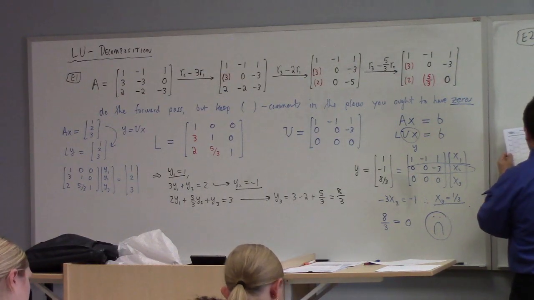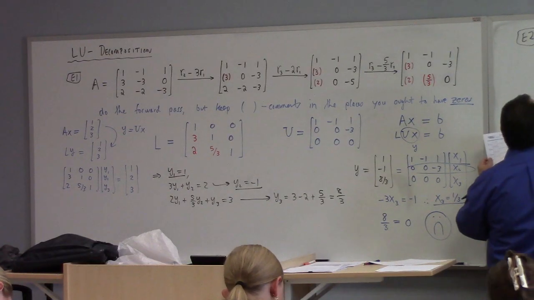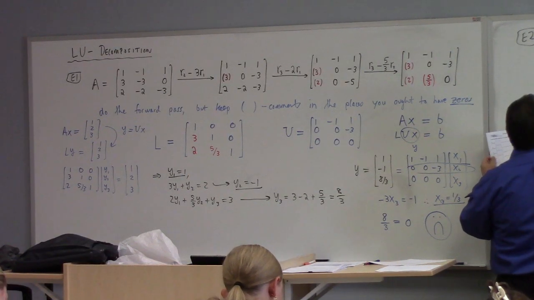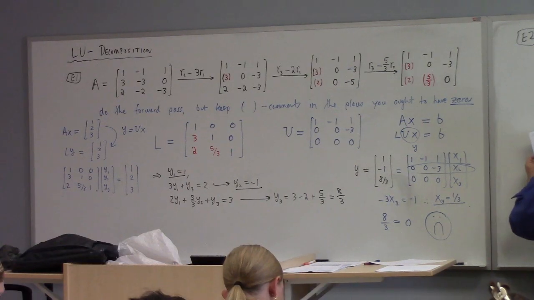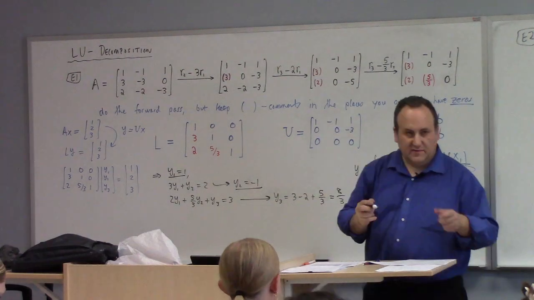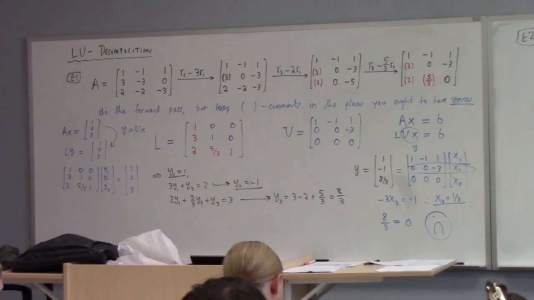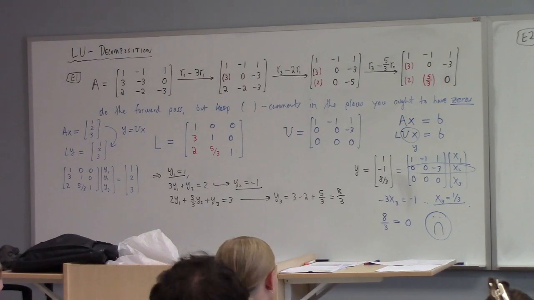And I figure with this printout, it should keep us out of trouble. I'm going to try not to write everything on the printout. I just want to use the printout to figure out what is the LU decomposition. So we'll look at it together, and we'll try to identify.